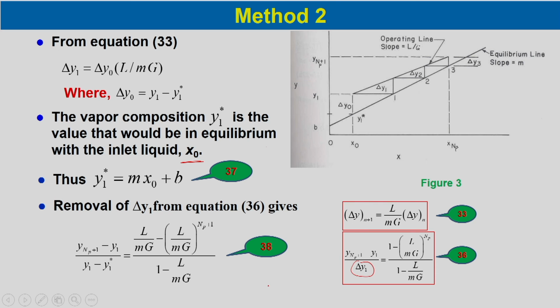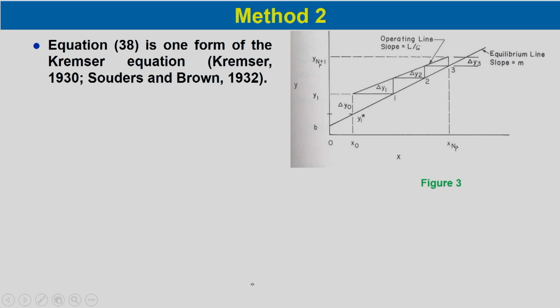So, we can write y n p plus 1 minus y1 divided by y1 minus y1 star would be equal to L by m g minus L by m g to the power n p plus 1 divided by 1 minus L by m g. So, this is equation 38.